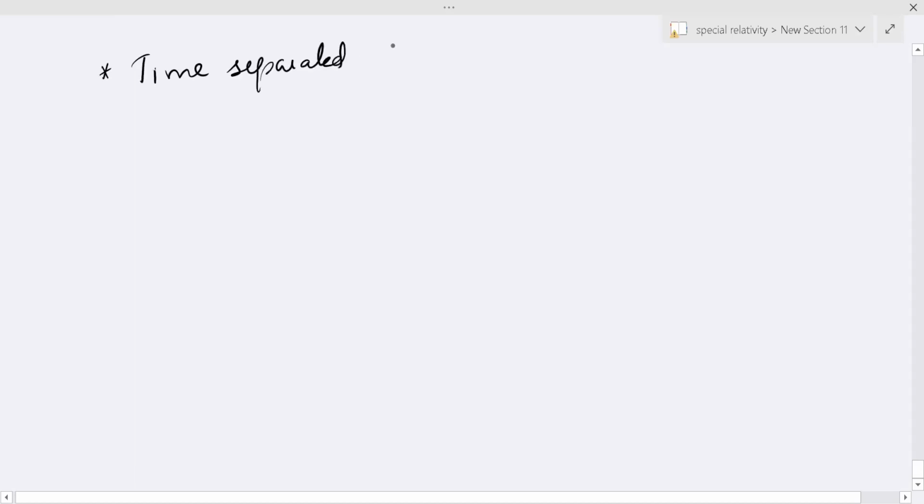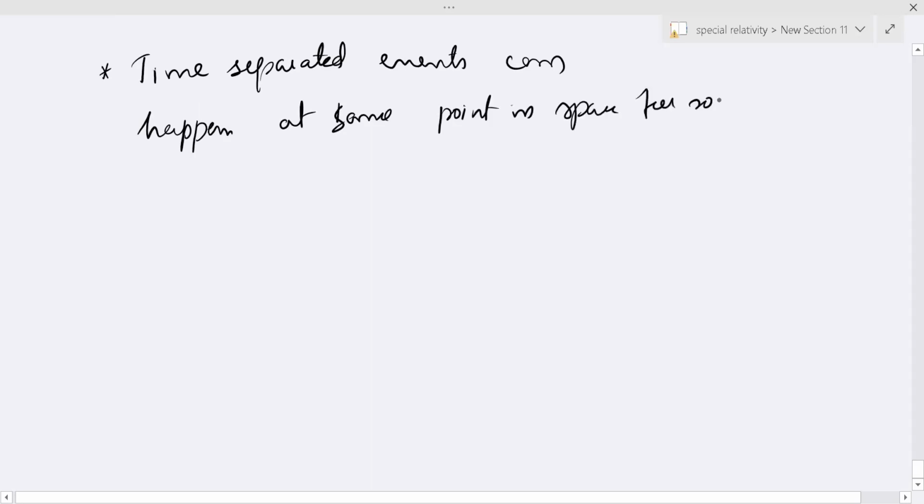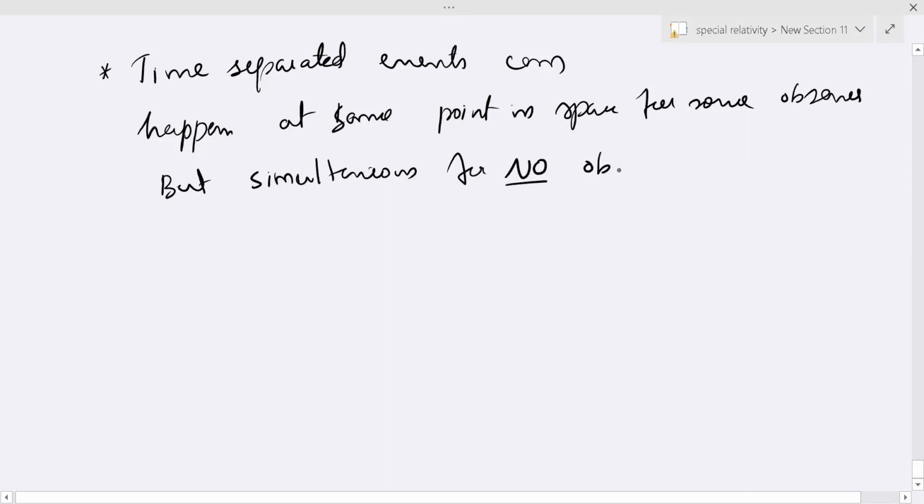Time-like separated events can take place at the same point in space for some observer, but never simultaneously. They can happen simultaneously for no observer. So no observer can say that two events which are time-like separated happen simultaneously.